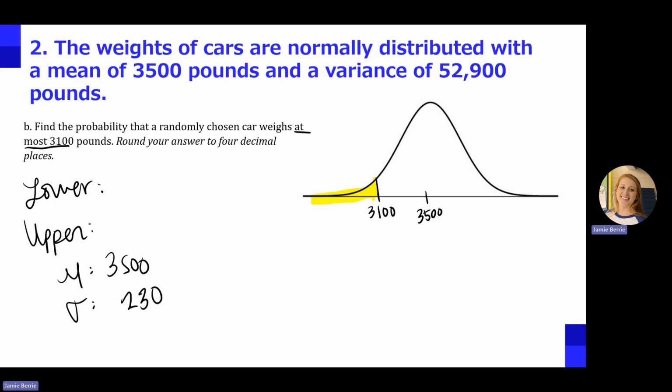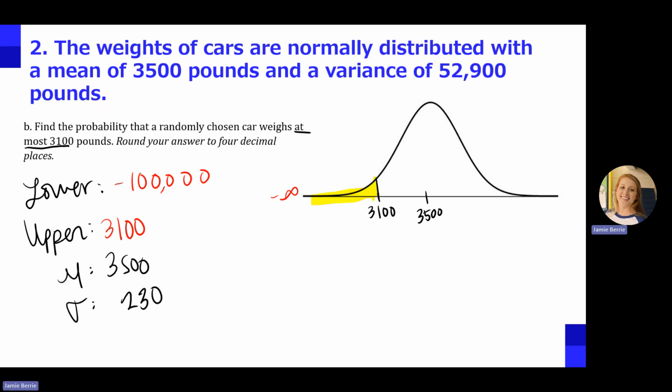All right, my lower bound for my shaded area. If we're reading this graph left to right, the shaded area starts out here at negative infinity, and then it goes all the way to 3,100. That's where the shaded area ends, so that's my upper bound. My lower bound is just a really big negative number, so I'll just do negative 100,000.